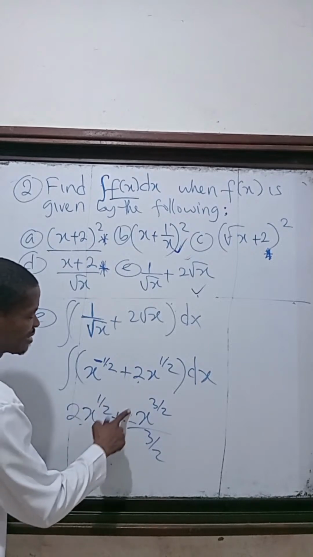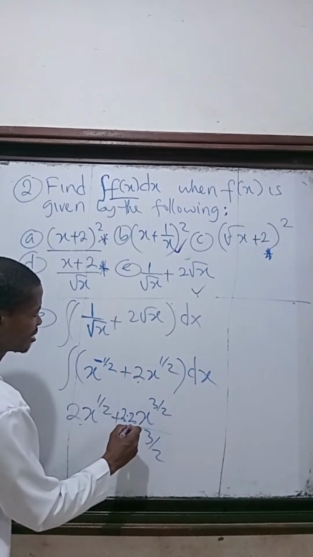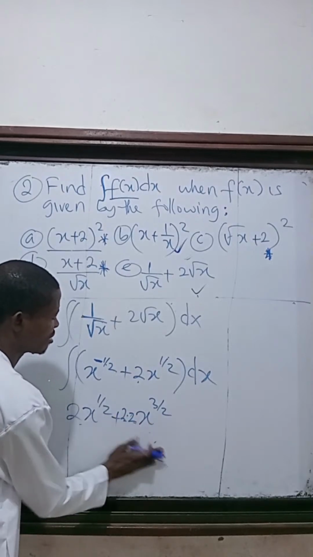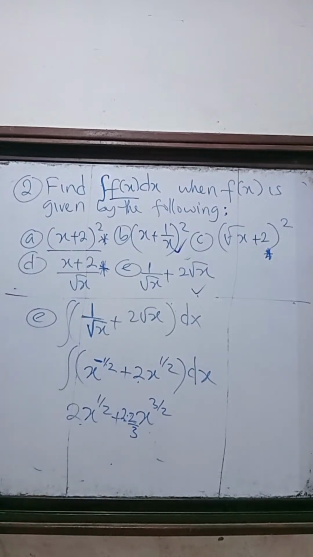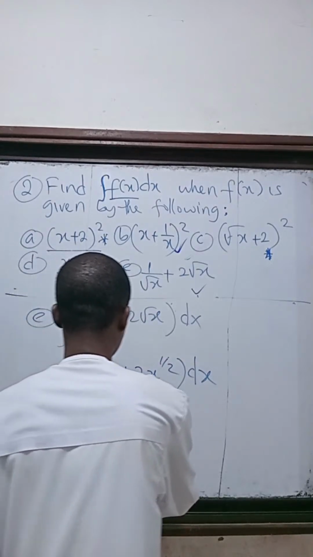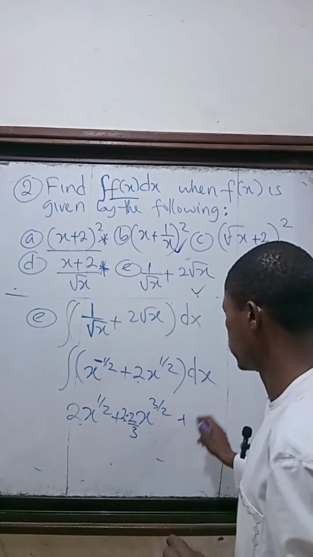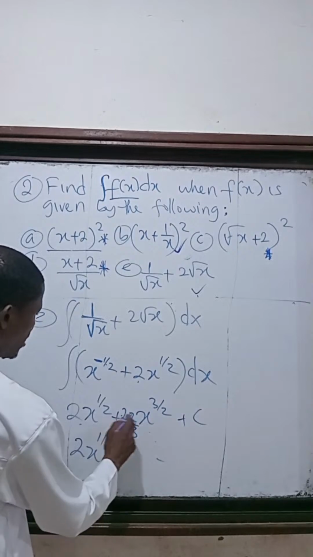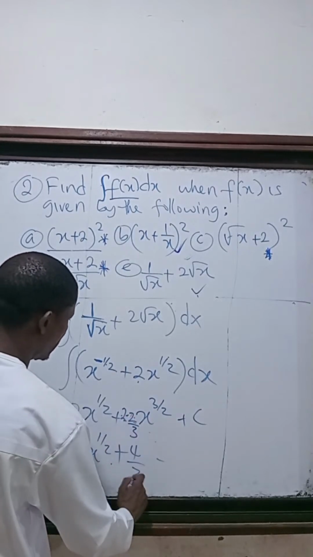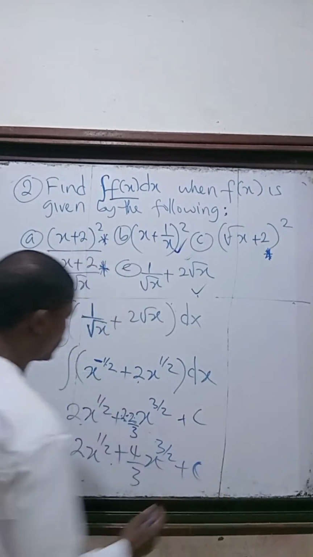You can quickly flip it, and that will be 2 times 2 over 3. You can flip the fraction, and that will go with 1 on the top, and then plus c, and that will be 2x to the power half. 2 times 2, that's 4 over 3, x to the power 3 over 2 plus c.